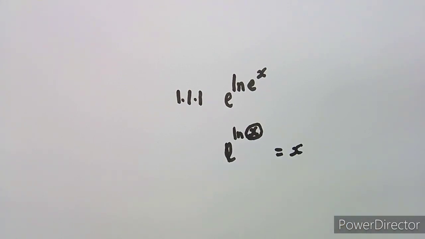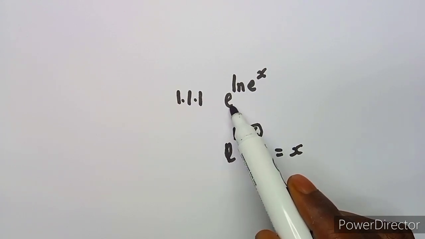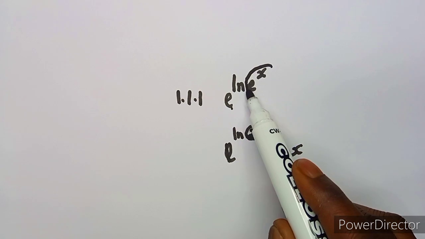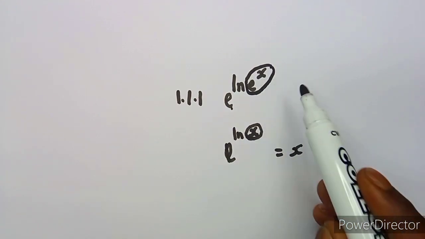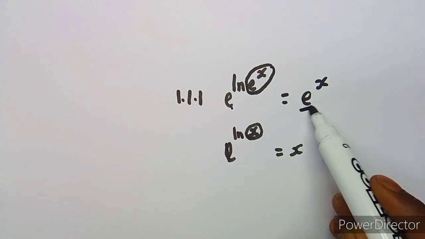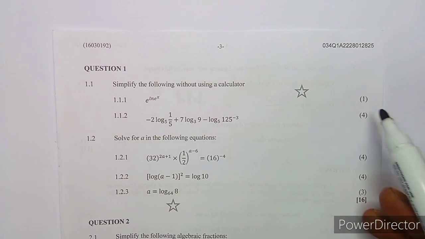That is what we know. So that means if it is e to the exponent of ln and we have got e to the exponent of x here, this is going to give us e to the exponent of x. All right, so that is the answer there. As you can see, it's just 1 mark, guys.